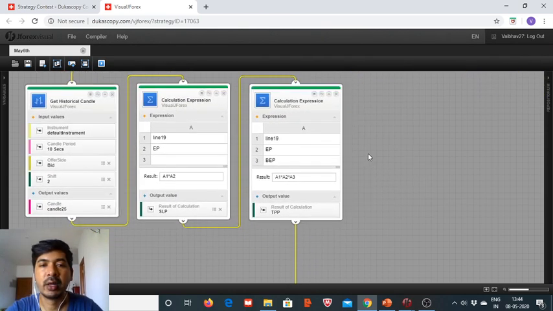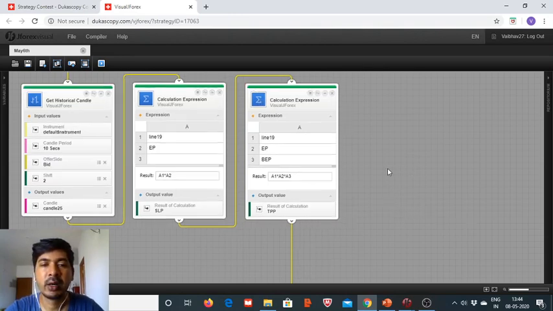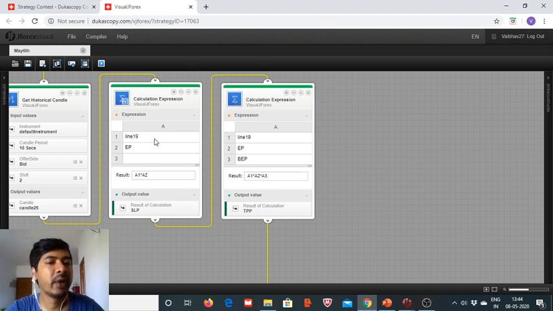So straight away a new order would be placed in the system. We define these SLP and TPP as the stop loss pips and the target price pips, and here it is simple. We are utilizing the hourly ATR as our stop loss and twice of the hourly ATR as our target price.